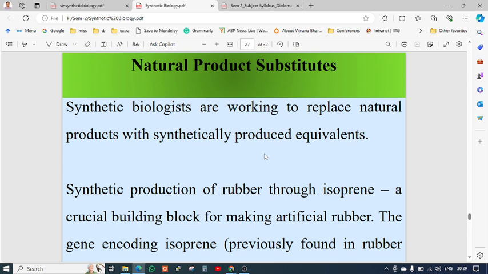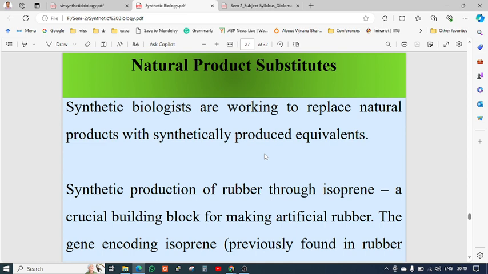For example, poultry or chicken nowadays grow within 3 weeks, or within 1 to 2 months they can grow from 1 kilo to 3 to 4 kilos. So this growth can help meat production.